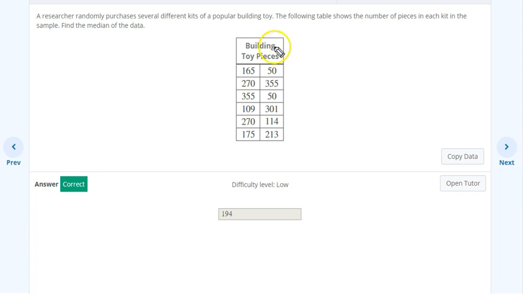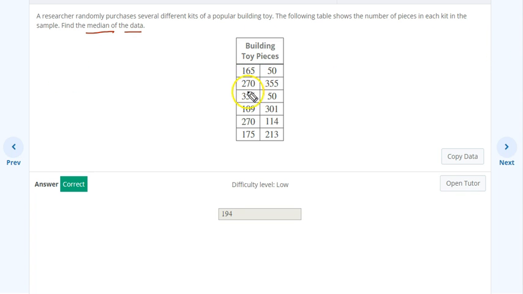Now, for this one, they're giving you a little chart. A researcher randomly purchases 7 different kinds of popular building toys. So they're not in any particular order. They're asking us to find the median of the data. So what you would have to do is physically put these in numerical order, lowest to highest.